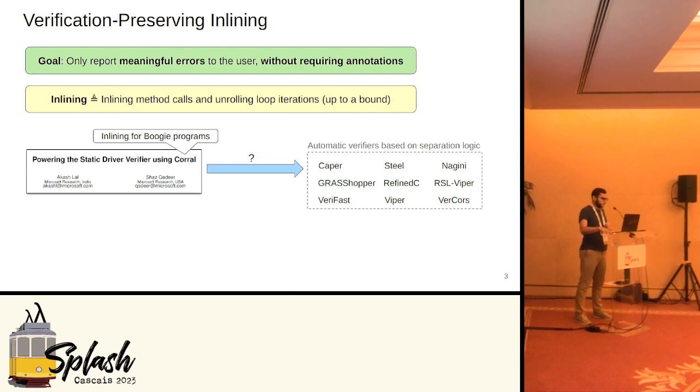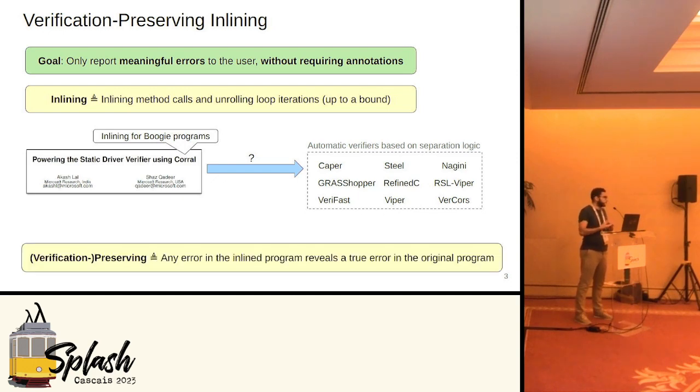And for inlining to fulfill our goal, we need an essential property. And this property is verification preserving. So inlining is verification preserving if any error in the inlined program reveals a true error in the original program. So in the examples we had before, the error that we had in the inlined program corresponded to an actual error in the original program.